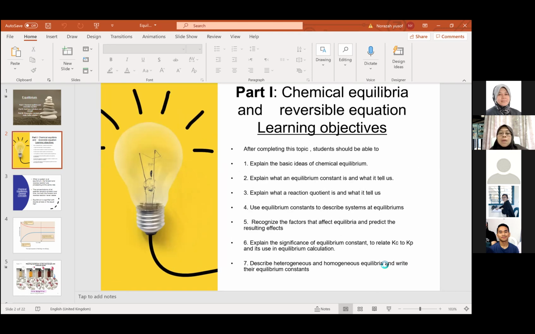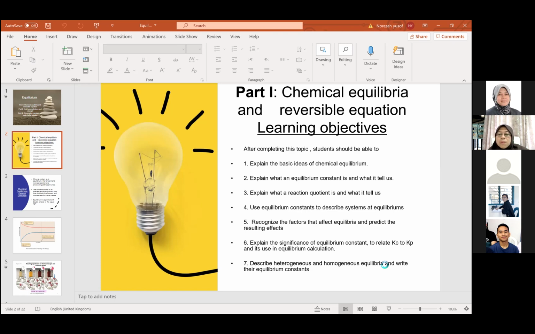After completing this topic, at least we have the basic ideas of what chemical equilibrium is, what an equilibrium constant is, the definition or what we understand about it, and when we have calculated a certain value, what does it mean, what the equilibrium constant value means to that reaction. What does the reaction quotient mean? We will discuss what it is.